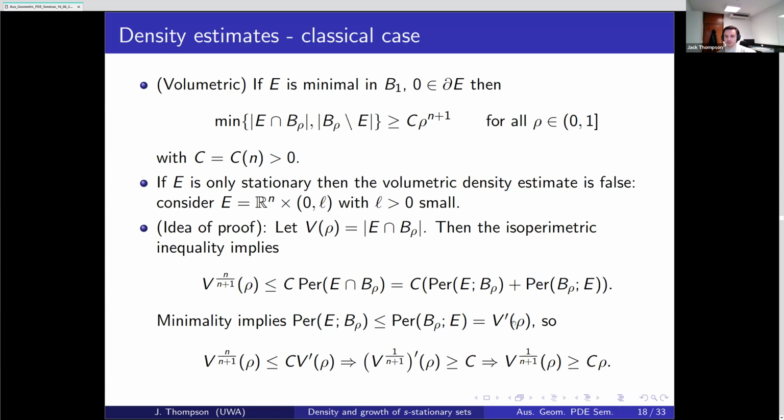And this object is just the derivative of V again. So I obtain a differential inequality, which I can then solve, and it gives me the volumetric estimate.